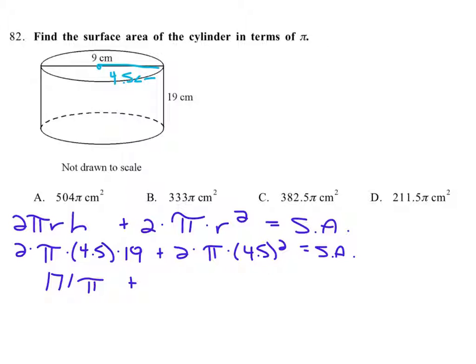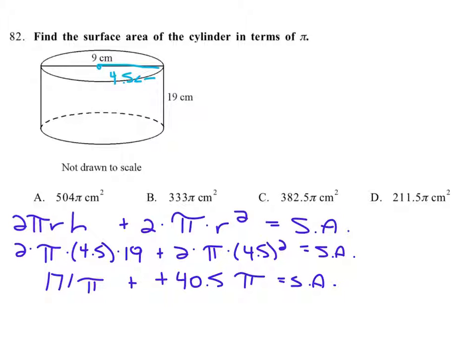So we say 4.5 squared, 20.25. And then we need to multiply this 20.25 times 2. We get 40.5. So we say plus 40.5 pi.